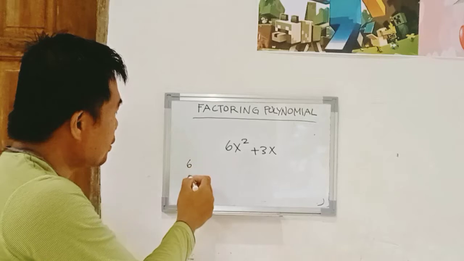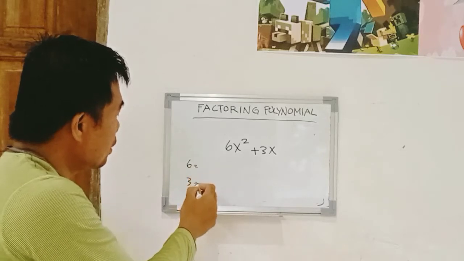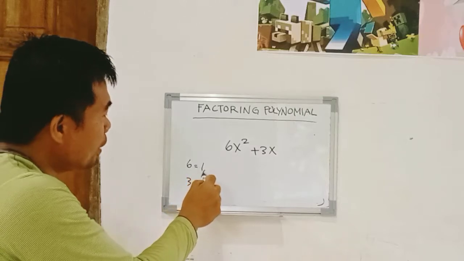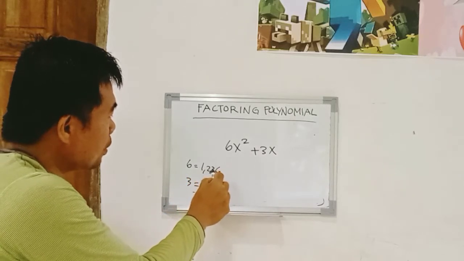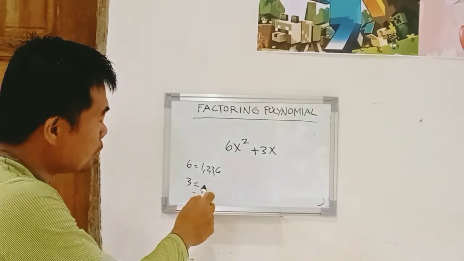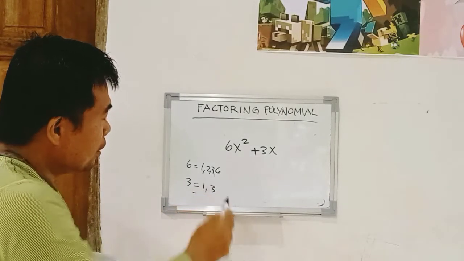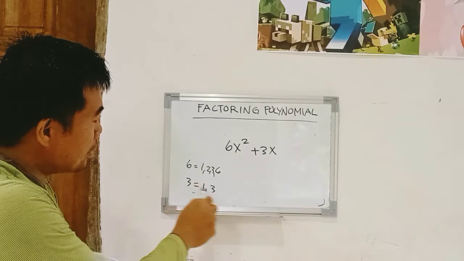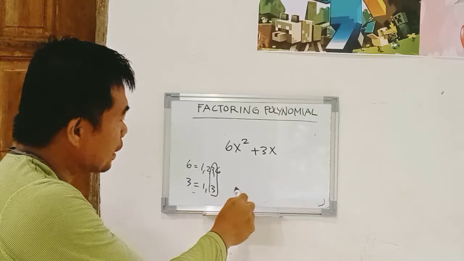The factors of 6 are 1 and 6, and 2 and 3, while the number 3 has factors of 1 and 3. So the greatest common factor of 6 and 3 is the number 3.